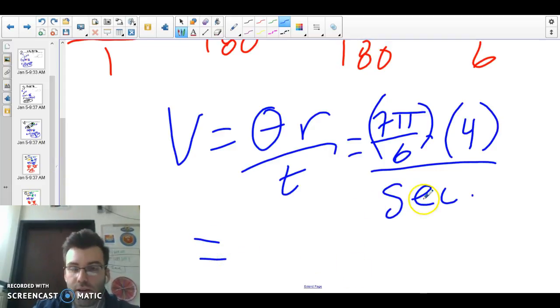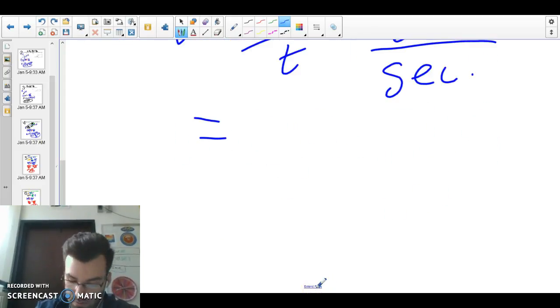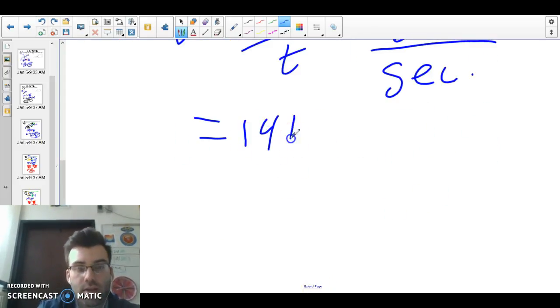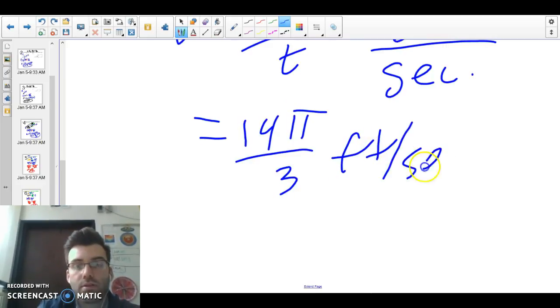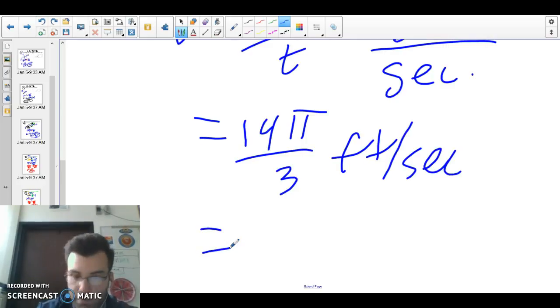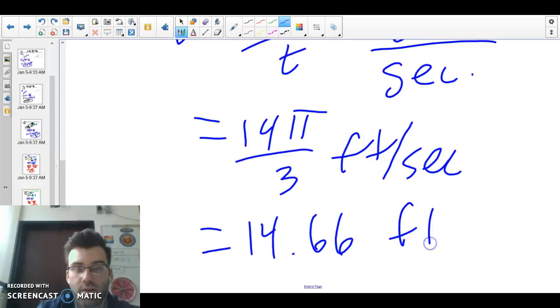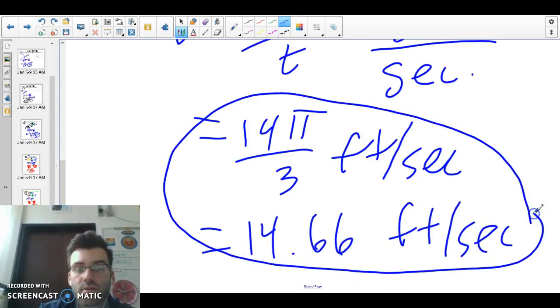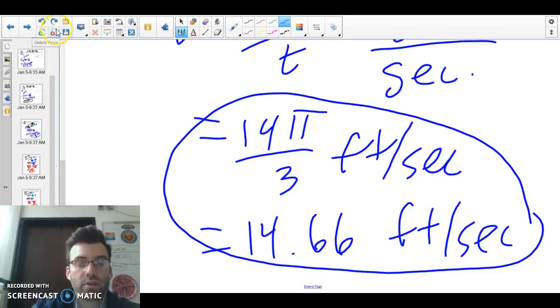If I multiply 7 pi over 6 times 4, that comes out to be 14 pi over 3 feet per second. And you can multiply out the pi and you should get 14.66 feet per second. I'll take either of those answers on your final, if you were to see a problem like this.